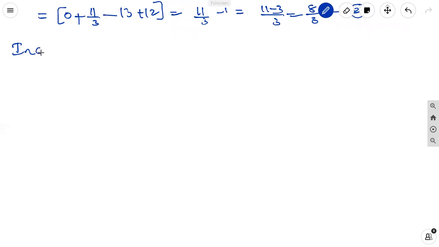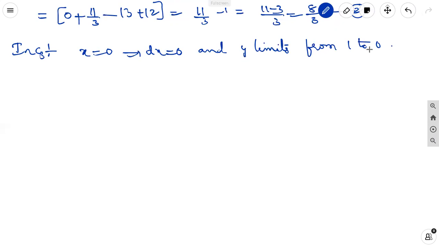Third one, in C3, x is equal to 0. From this dx equals 0, and y limits from 1 to 0.